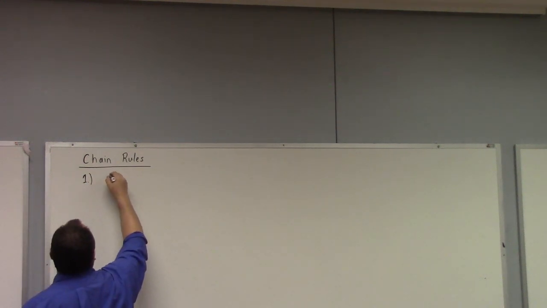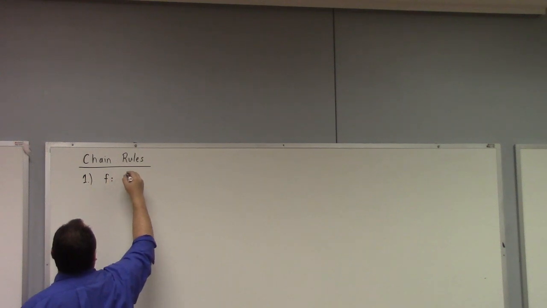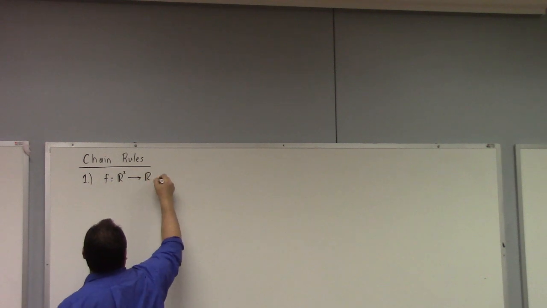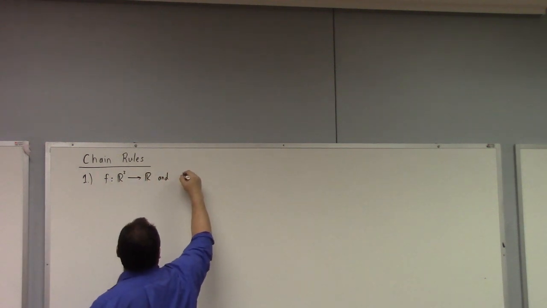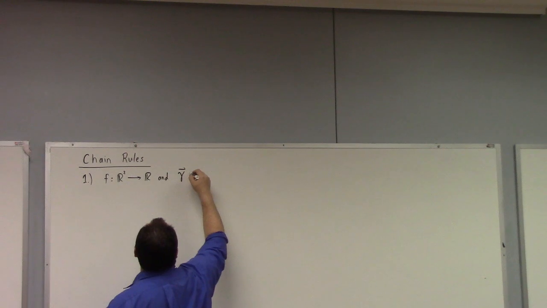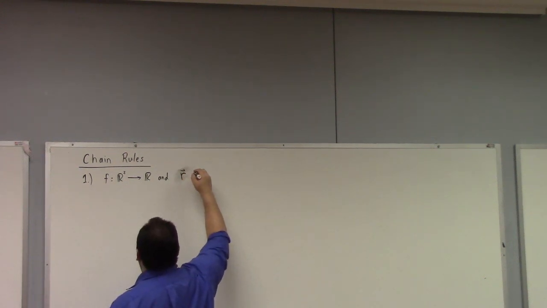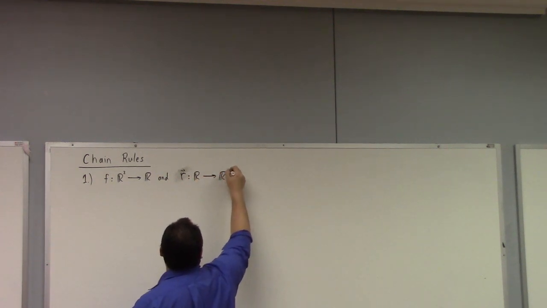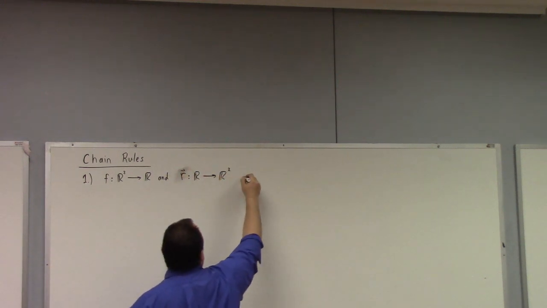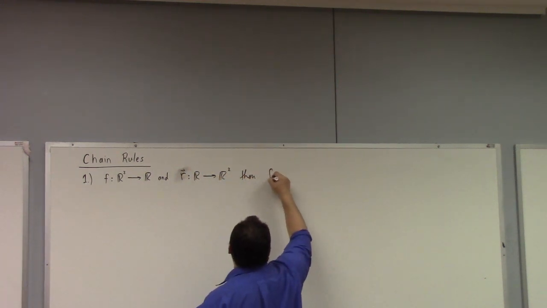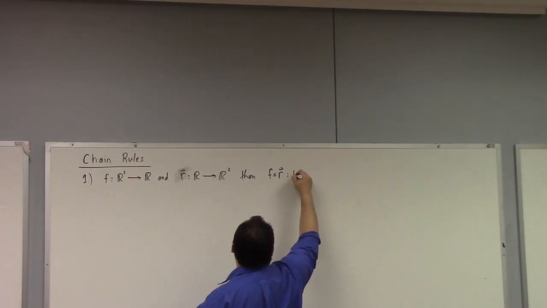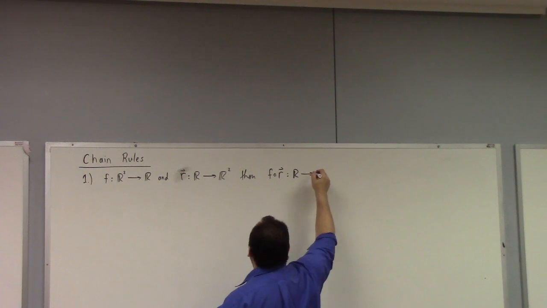If we have a function f from R² to R, and a path, let's say r, which is a mapping from R to R², then we can define a composite. f composed with r is a mapping from R to R again.